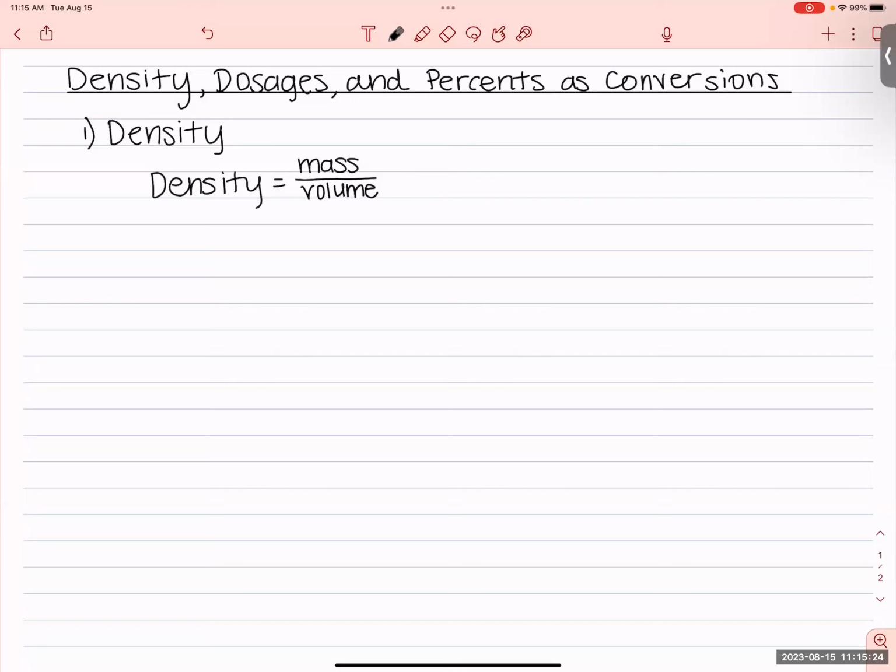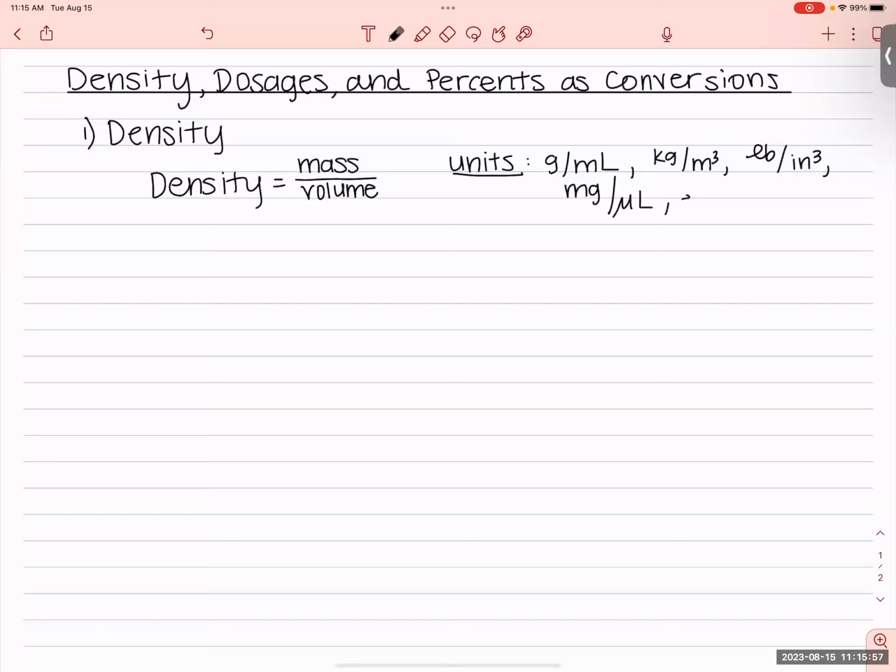So you might see units like gram per milliliter or kilogram per, oh, sorry, kilogram per meter cubed, pound per cubic inch, milligram per microliter.